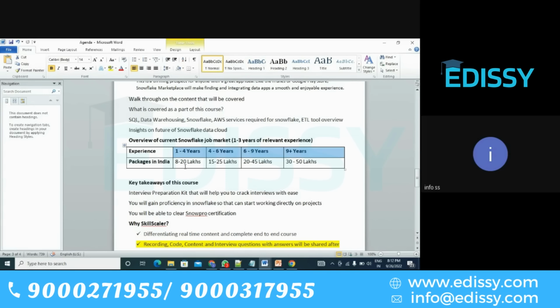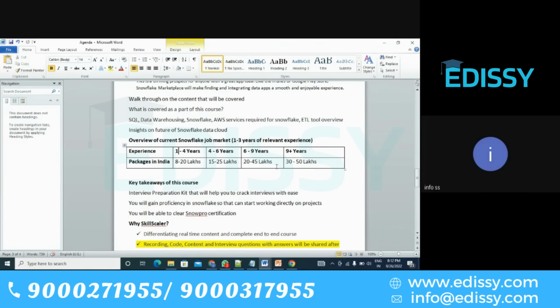It's not just in India, even in the US and UK you have great demand for Snowflake. If you claim 1 to 4 years of overall experience, you would get 8 to 20 lakhs. These are not exaggerated figures. Our candidates, even now, are getting packages in this range.